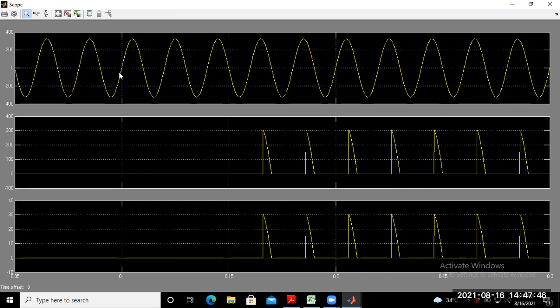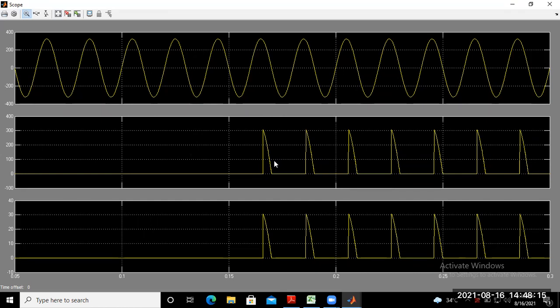This is your pulse generator output voltage corresponding to that. Okay. So similar things. The gate pulse at this instant right here. Gate pulse waveform.